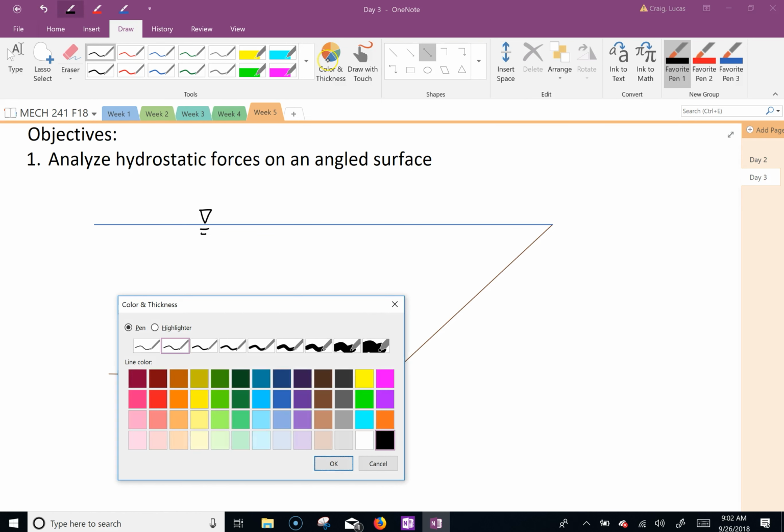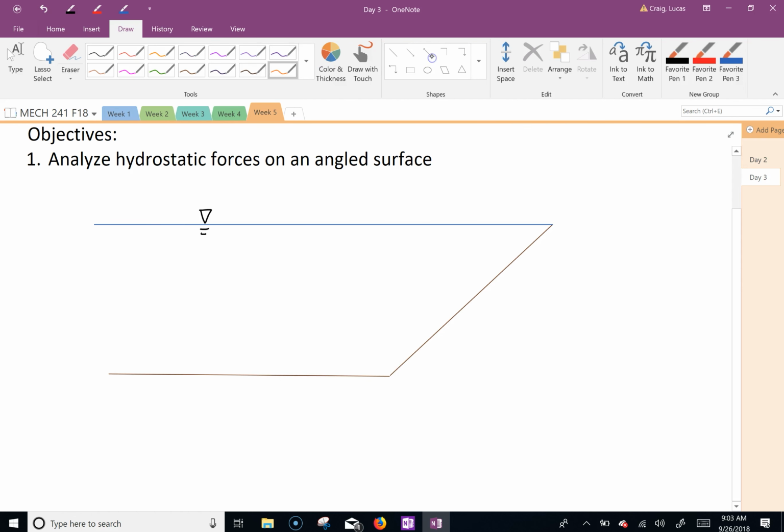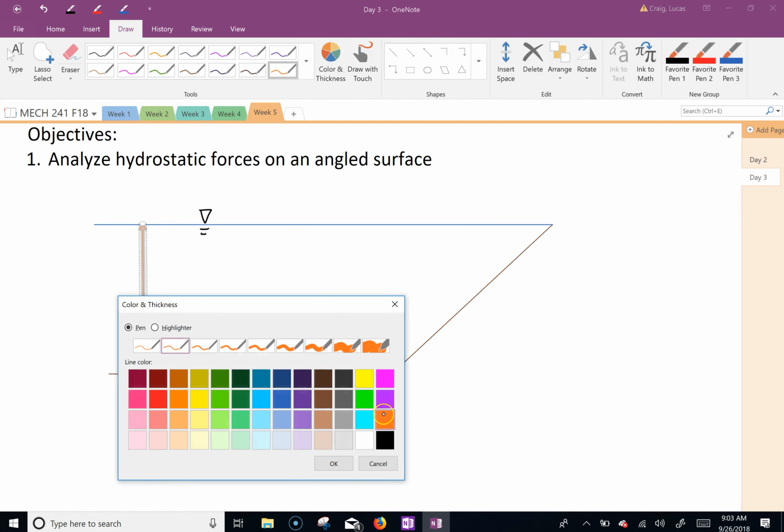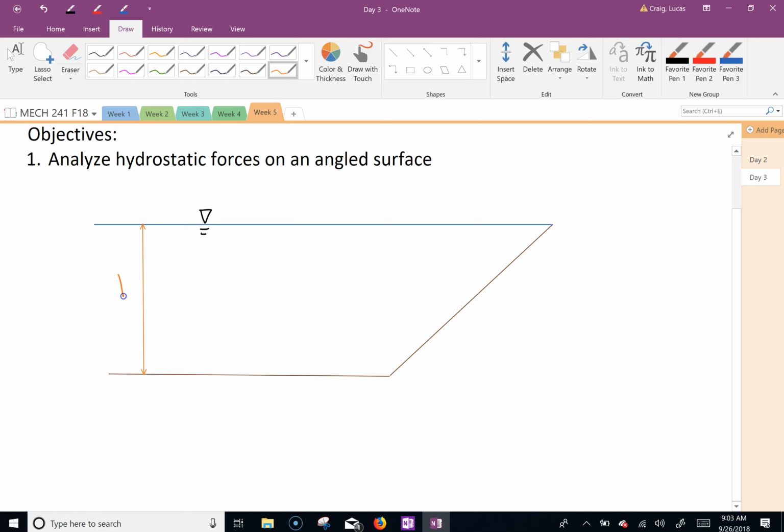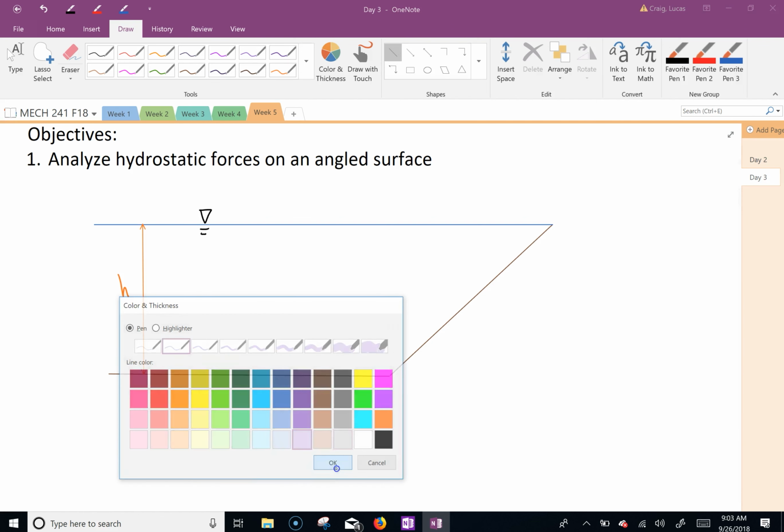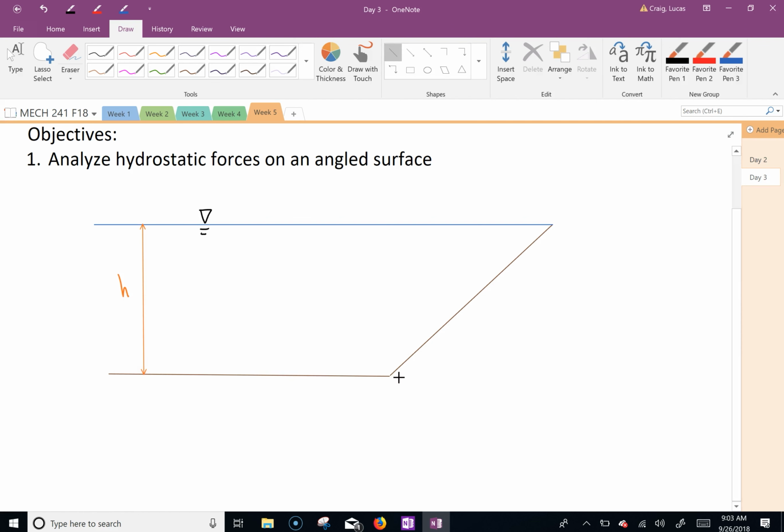And actually, let me pick a different color. This is still H. The angle here we'll call theta.